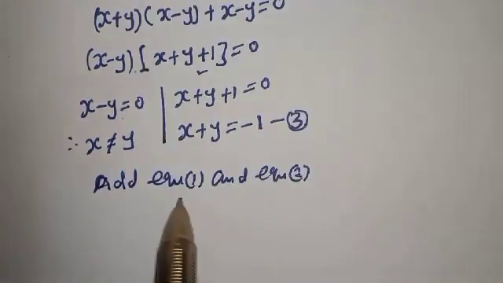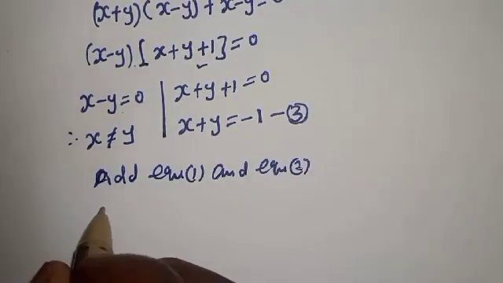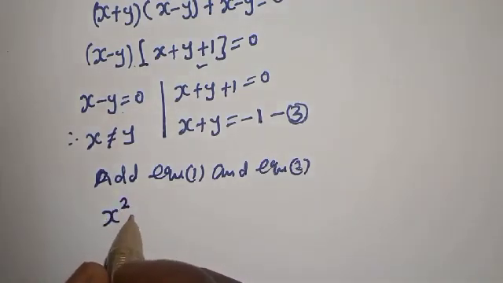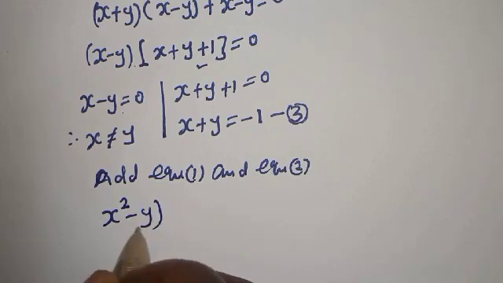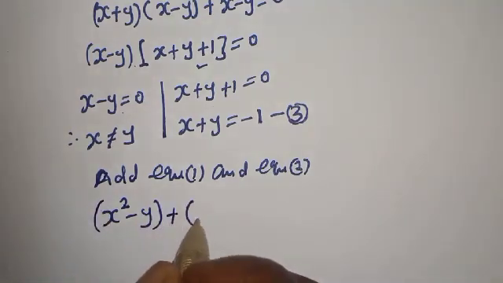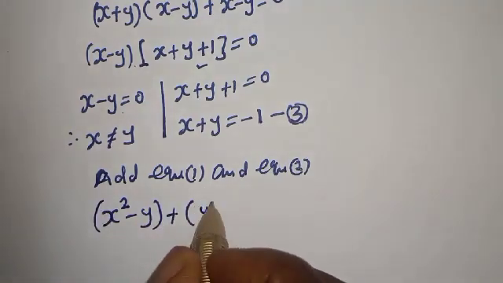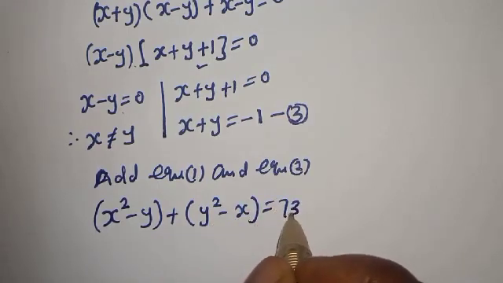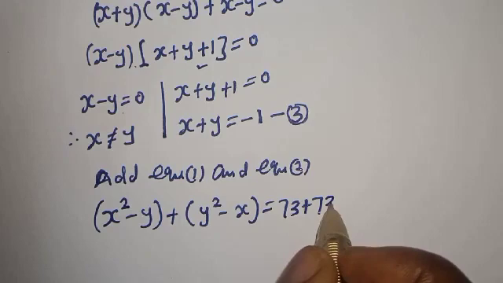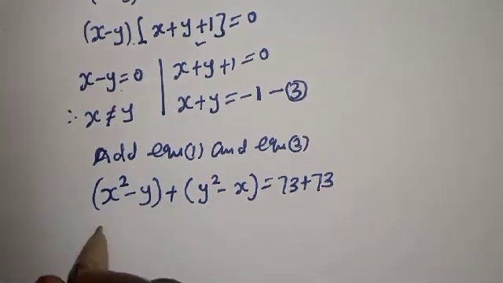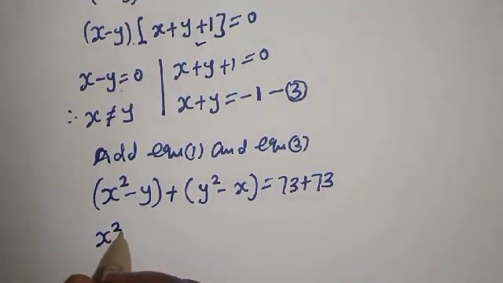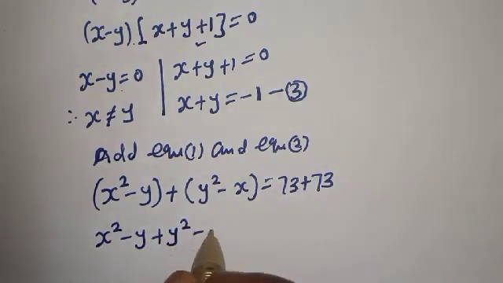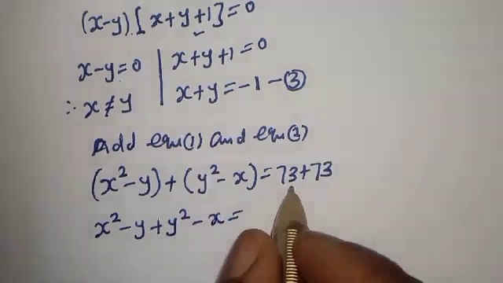Let's add equation 1 and 2. Then equation 1 is x squared minus y, plus y squared minus x is equal to 73 plus 73.